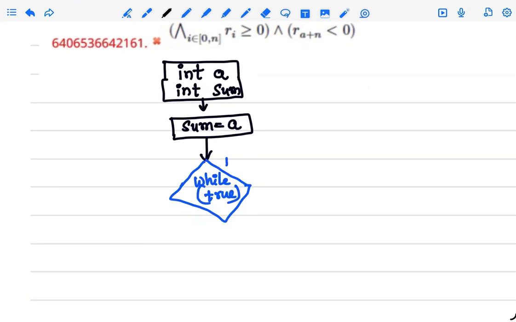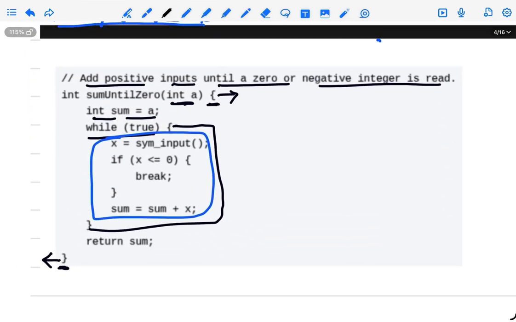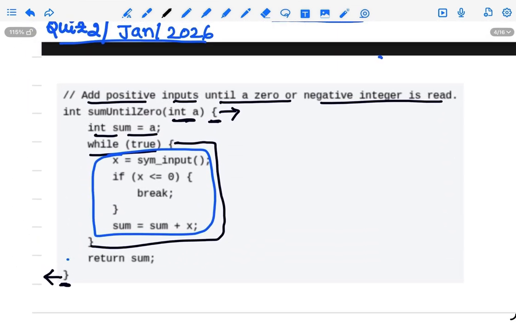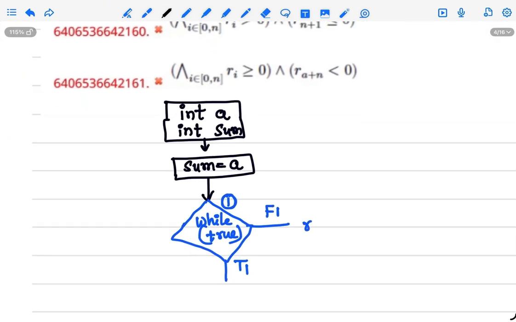The first condition is represented with 1. If the first condition fails, that is F1, false. If the first condition is true, that is T1. If this condition is false, the cursor will reach return sum. So false, return sum.